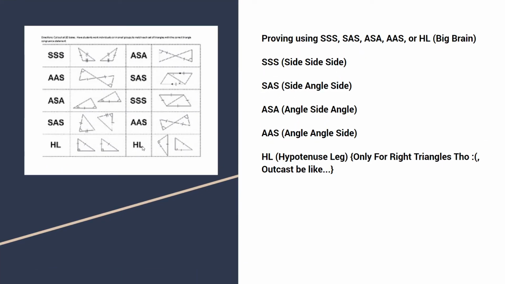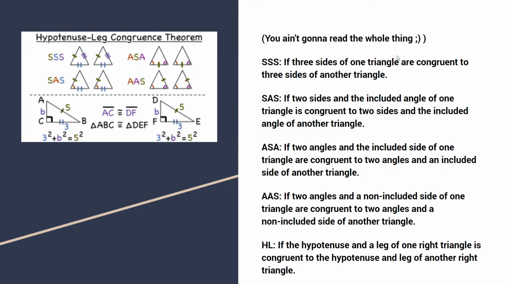Whenever there's a right angle, it's usually going to be this. But it could be all these, because the right angle counts as an angle, so it could be side, angle, side. You know what I mean. It is a big brain move. I'm definitely not going to read the whole thing, but I am going to anyway.